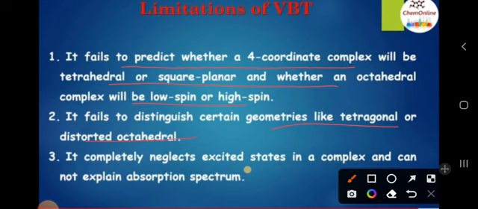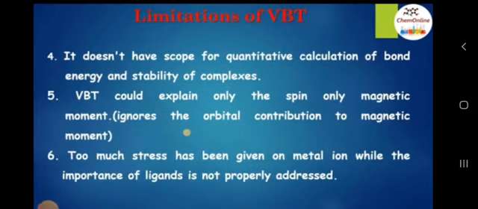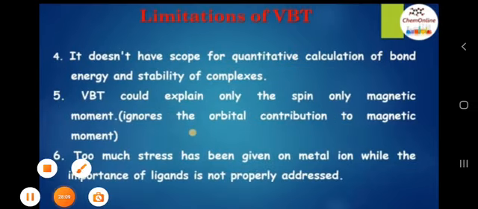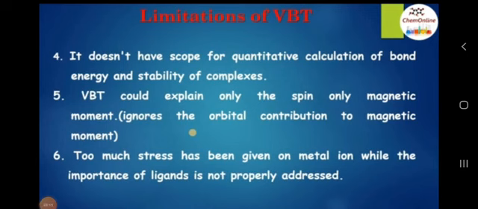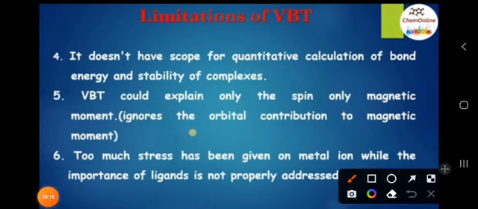Also it neglects the excited state in a complex and cannot explain the spectrum. So valence bond theory cannot explain the spectrochemical series or the excited states in complex ions. It also does not explain the calculation of bonding energy or the stability of the complex.